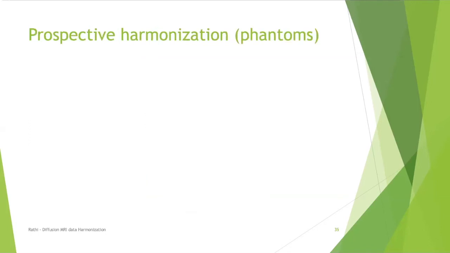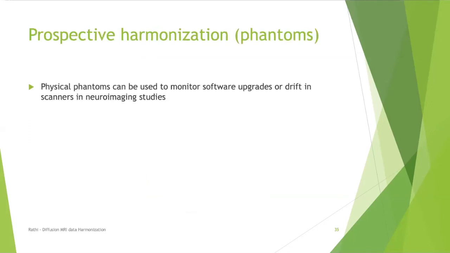So for phantoms, definitely physical phantoms are a must in any type of multi-center study, and not just multi-center study, any type of long-term study where you want to monitor any type of software upgrade or drift in the scanner or any other artifact that might be caused.